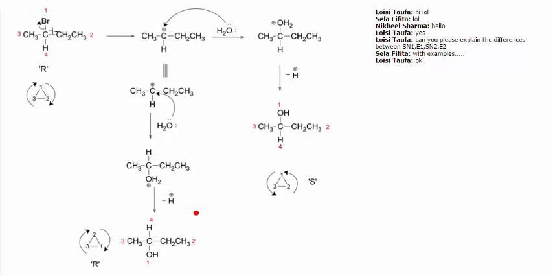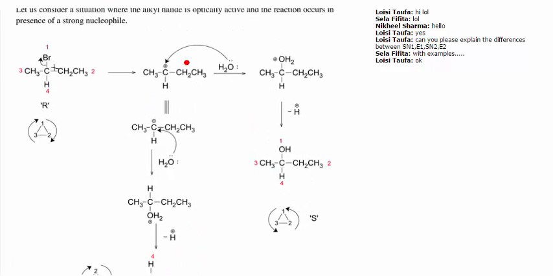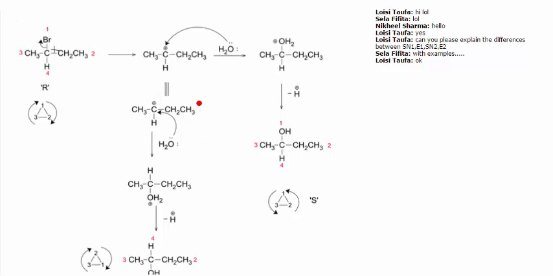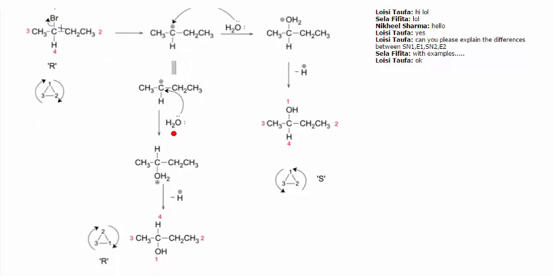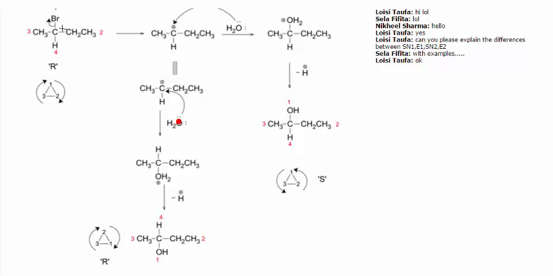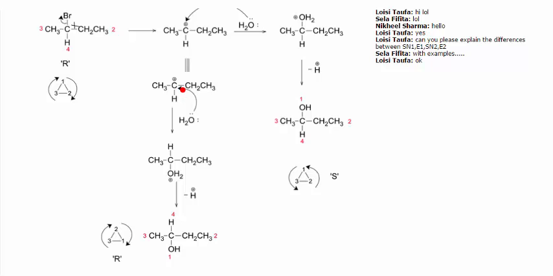Right, so the only difference here is that in this one, the oxygen from the water gets attached to the carbocation directly from the top, and in this one, the oxygen from water gets attached underneath it.